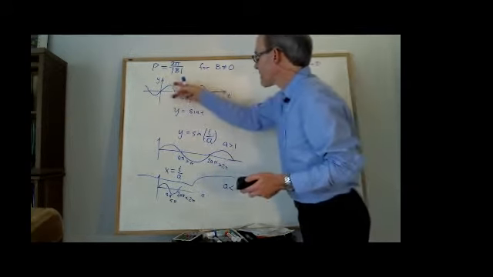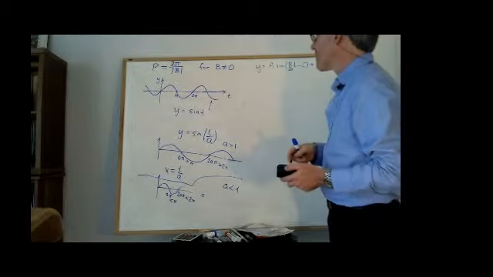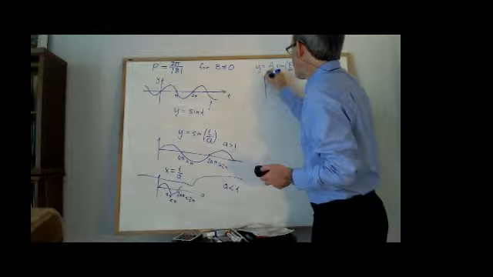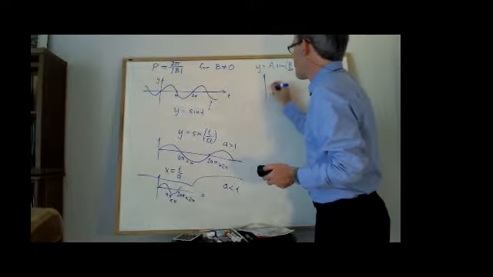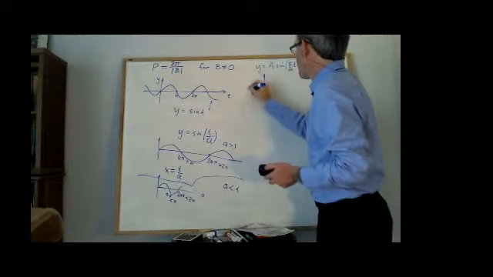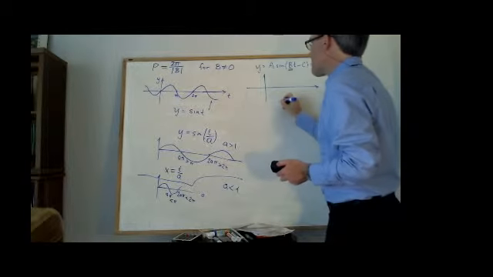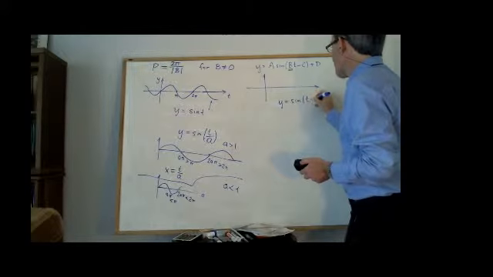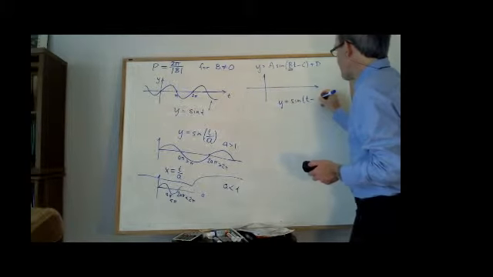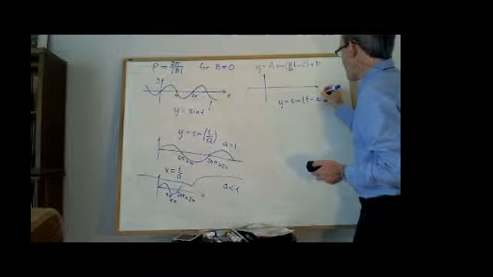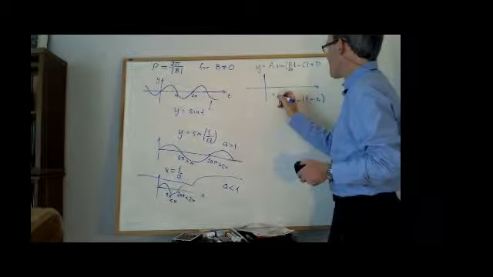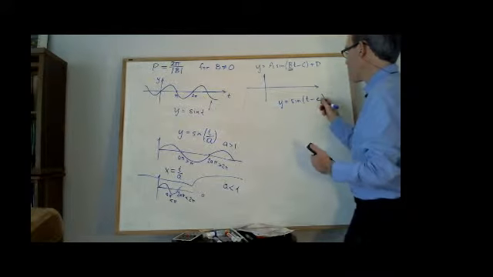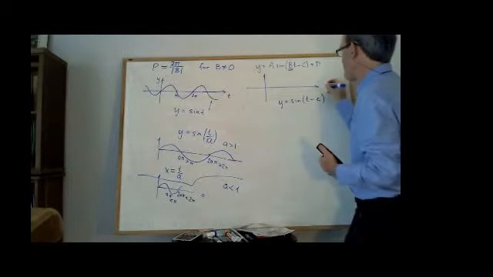If you want to shift this whole graph, it looks like this: y is equal to sine of t minus, let's call it little c for now. So what does that do? If c is positive, it shifts it to the right. If it's negative, it shifts it to the left.